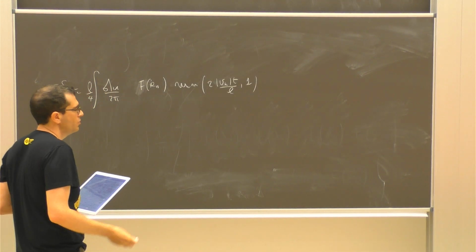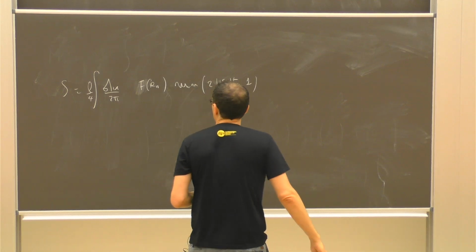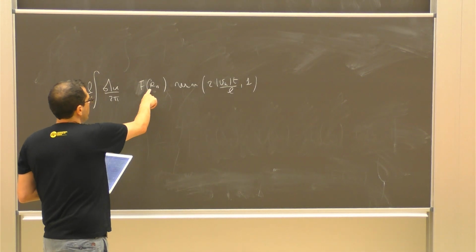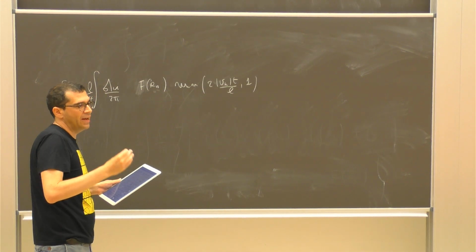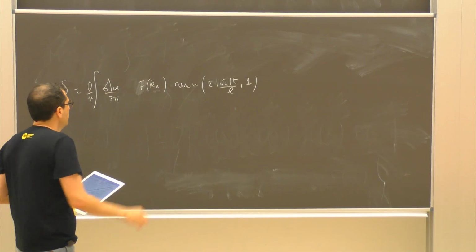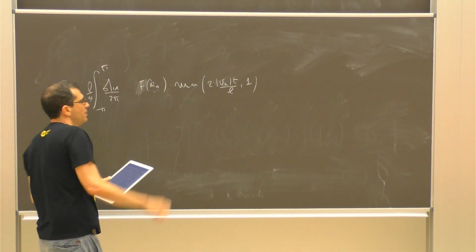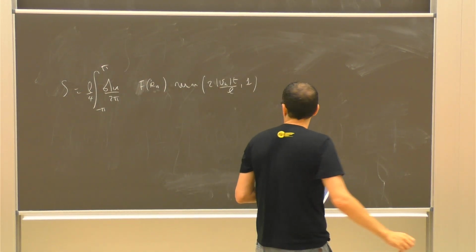It was L over 2, but there is a factor 2, sorry. And I put only f of A11 because f of A22 is the same. And then the integration is from minus pi.